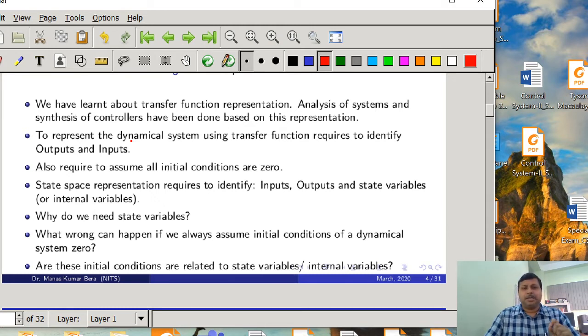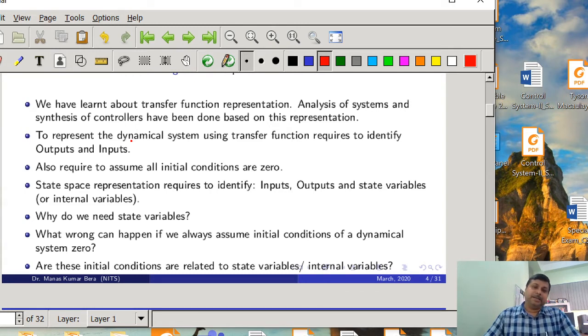Are these initial conditions which we assume to be 0 related to the state variables or internal variables? Are they anyhow related?